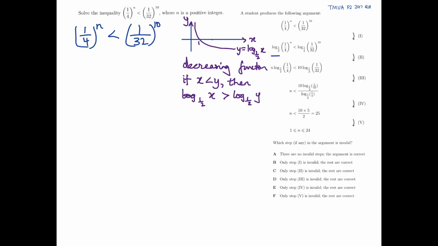So let's say this is A, and that's B. If you look at the y coordinates, then we'll get log base half of A and log base half of B. Hopefully you see that.